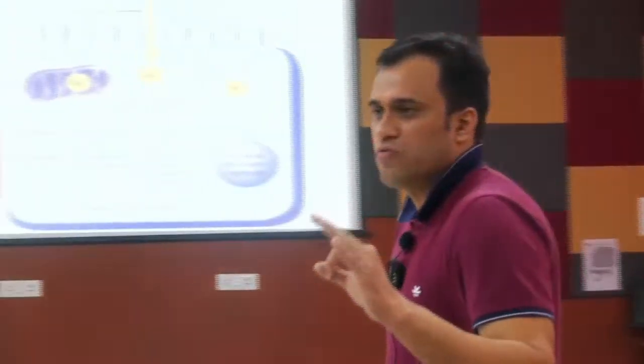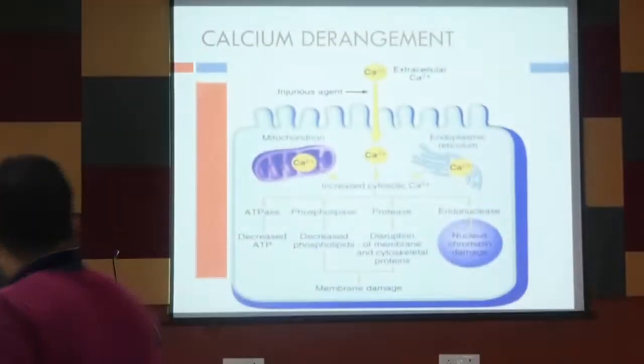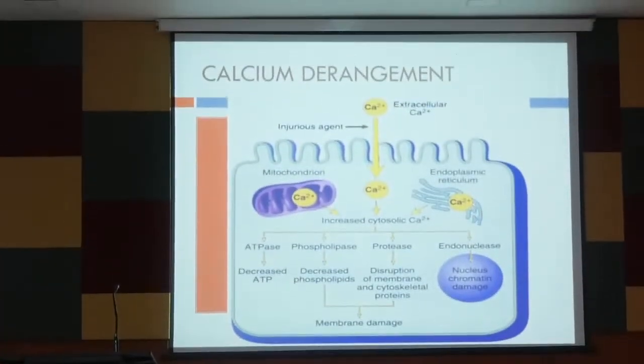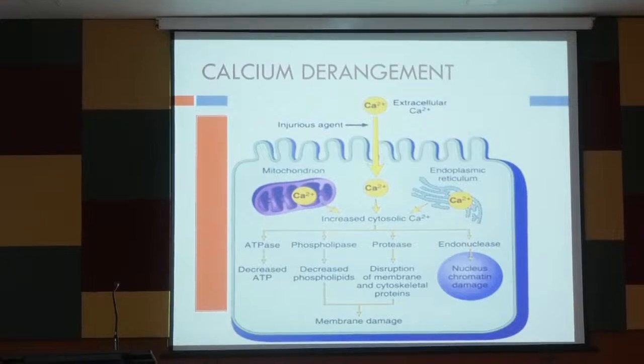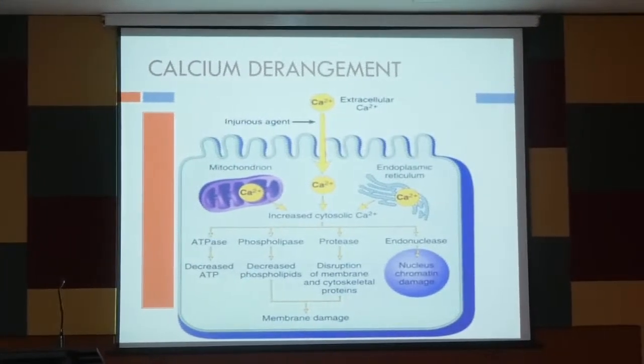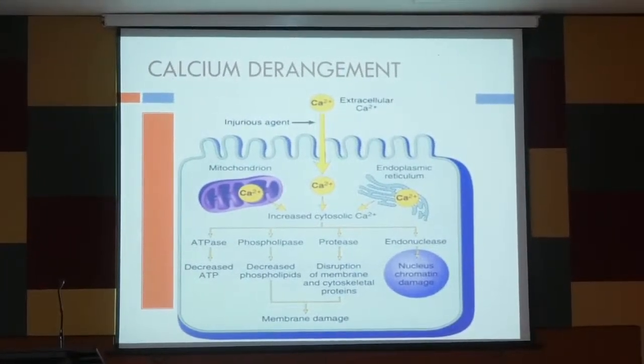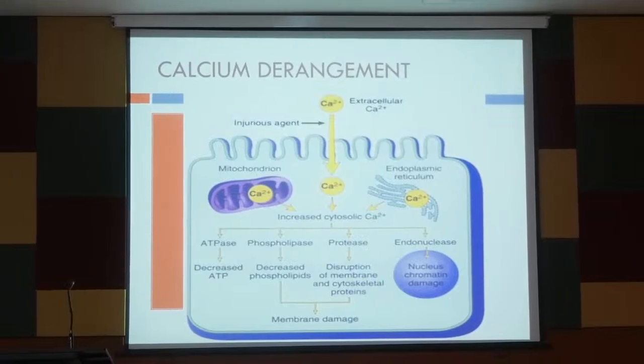There will be disruption of the cytoskeletal proteins, meaning the backbone of the cell is basically jeopardized. The endonuclease will have deleterious effects on the nucleus, so there will be damage of the nuclear chromatin. ATPase will cause decreased ATP production.